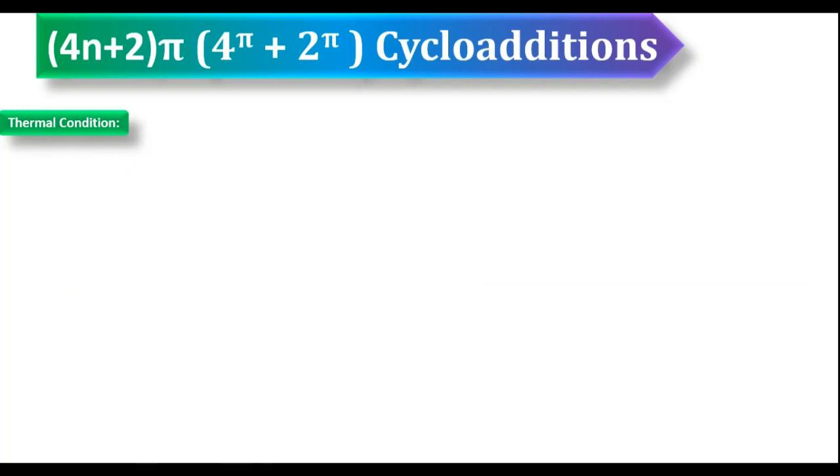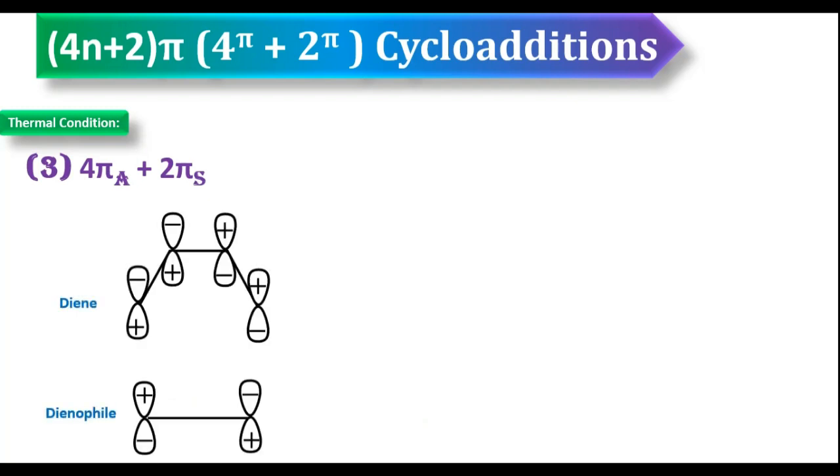Again, take the antara supra mode of addition. So psi2 of 1,3 butadiene, psi2 of ethylene. This pi partner is undergoing antara mode of addition, and this pi partner is undergoing supra mode of addition. So here you select this lobe and this lobe. Why? It is undergoing antara mode of addition, so we are selecting opposite side lobes.